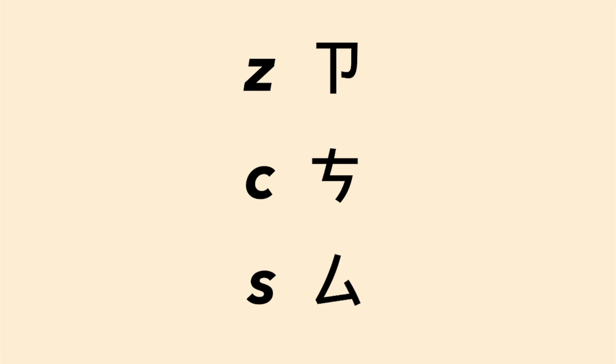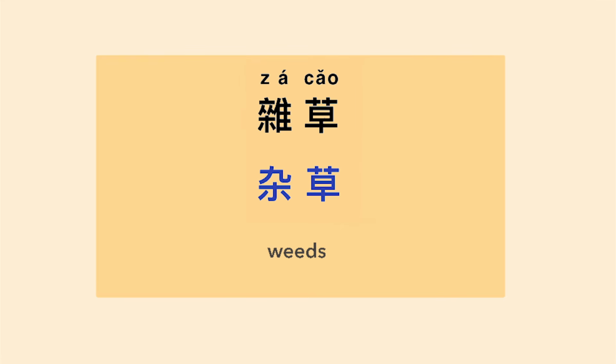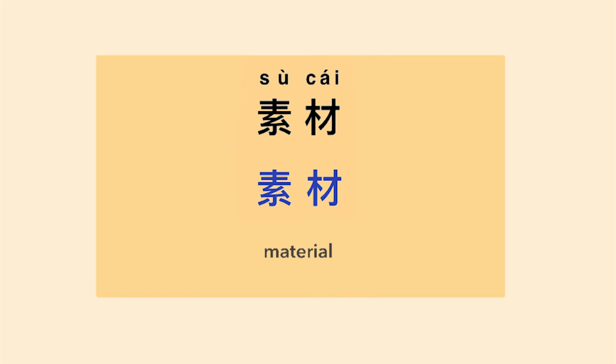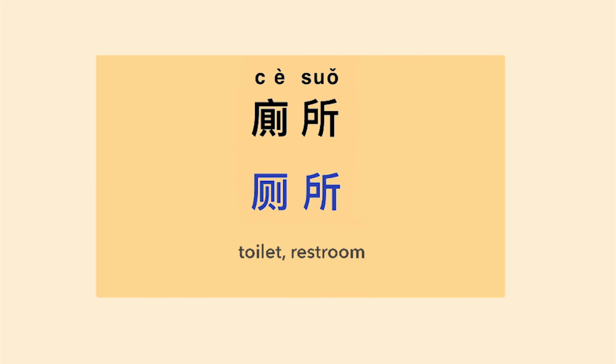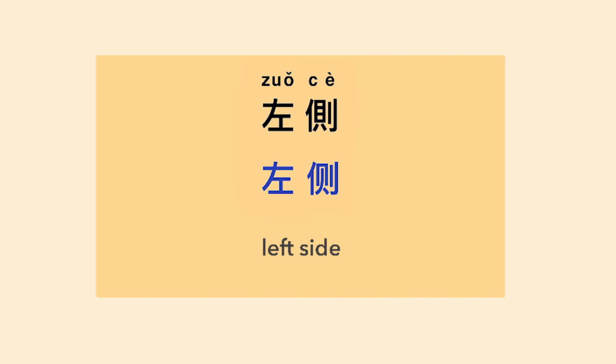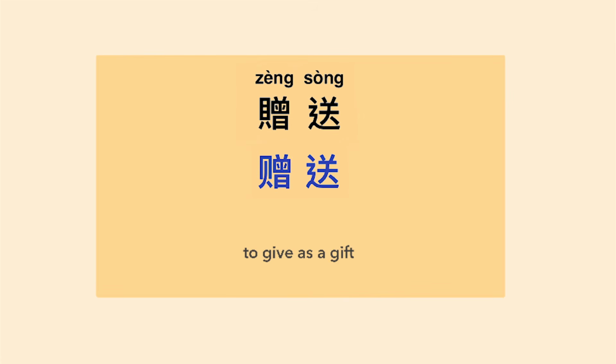Next, let's practice them with words. 杂草，杂草。素材，素材。孙子，孙子。厕所，厕所。左侧，左侧。赠送，赠送。Okay, congrats! You mastered all the Chinese consonants today.